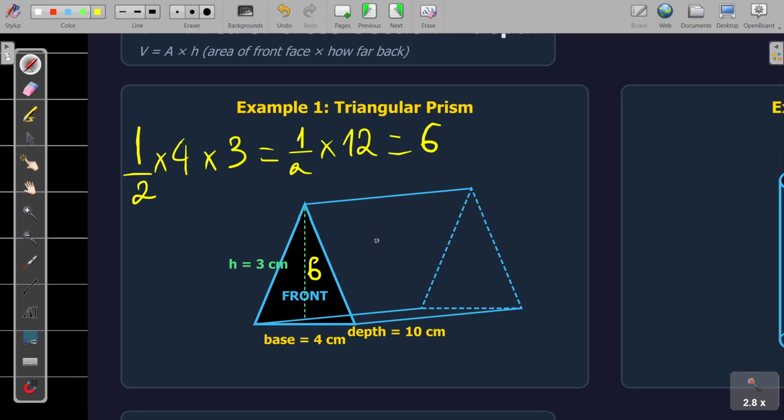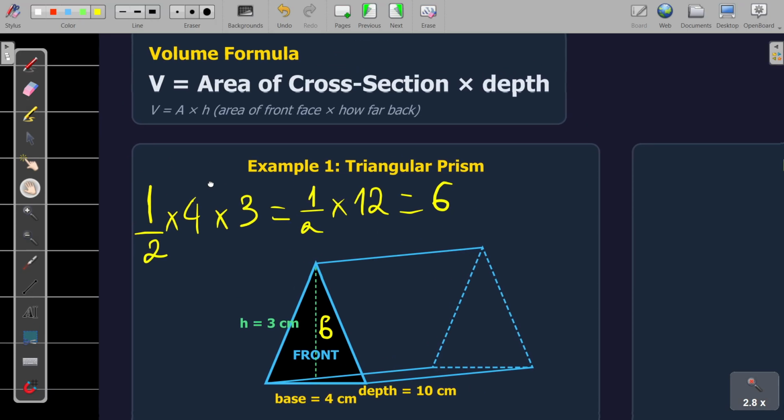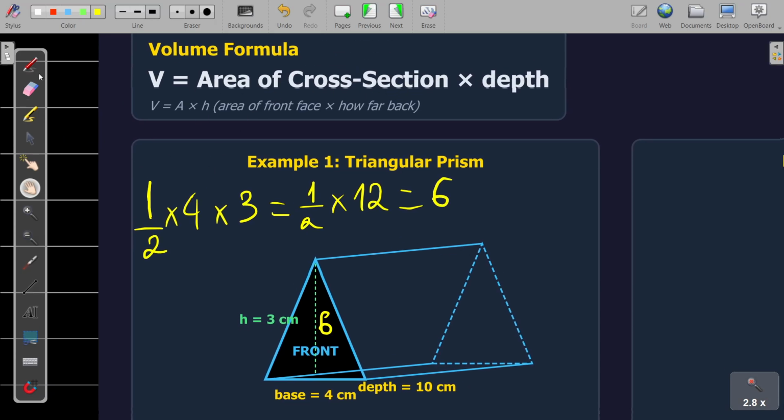If we want to find the volume of the whole prism, we just go with the formula: the area of the cross section multiplied by the depth. The cross section is 6. What's the depth? V equals 6 multiplied by the depth, which is 10 here. This gives us 60 centimeters cubed.